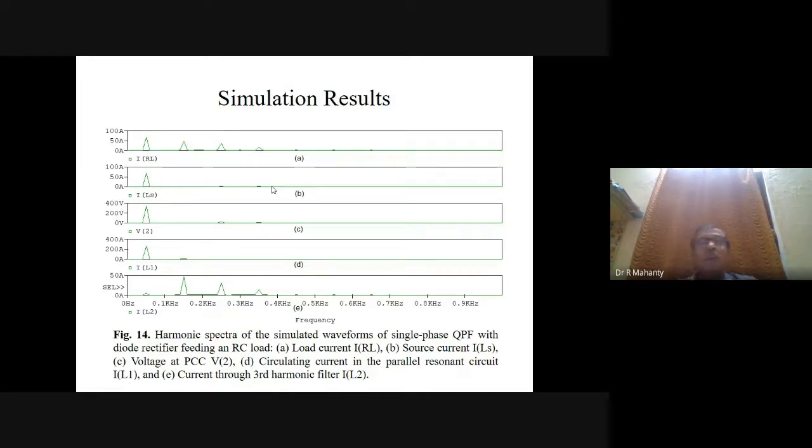This is how you can finally improve the power factor, or the power quality, a term very frequently used these days. You can improve the power quality using harmonic filtering and reactive power compensation using a large value AC capacitor.